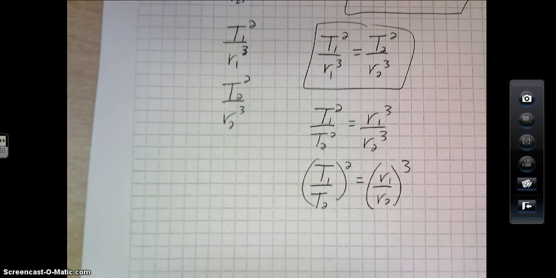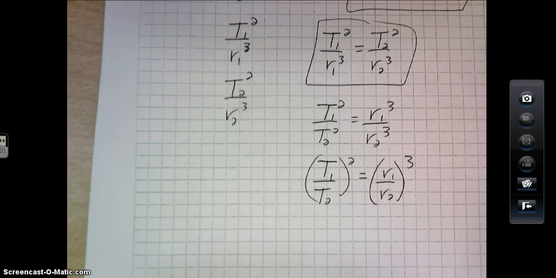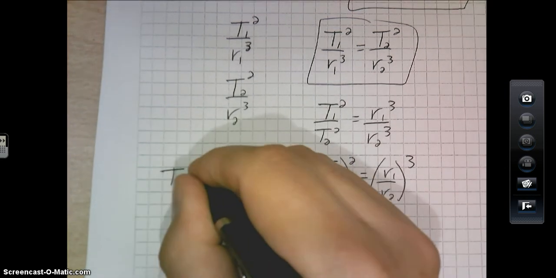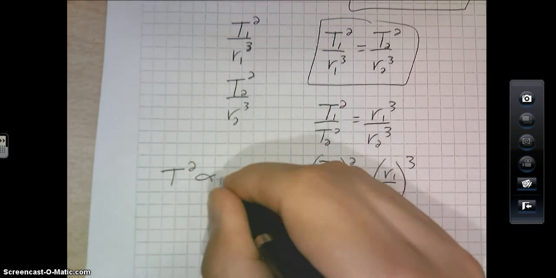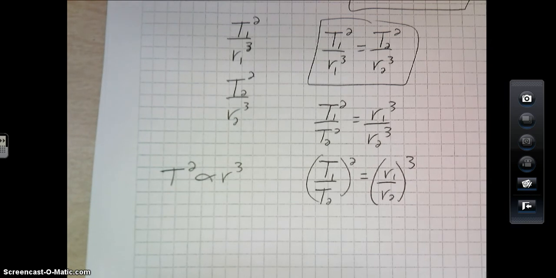These are all options for Kepler's third law. But mostly what you should remember is that the period squared is proportional to the radius cubed.